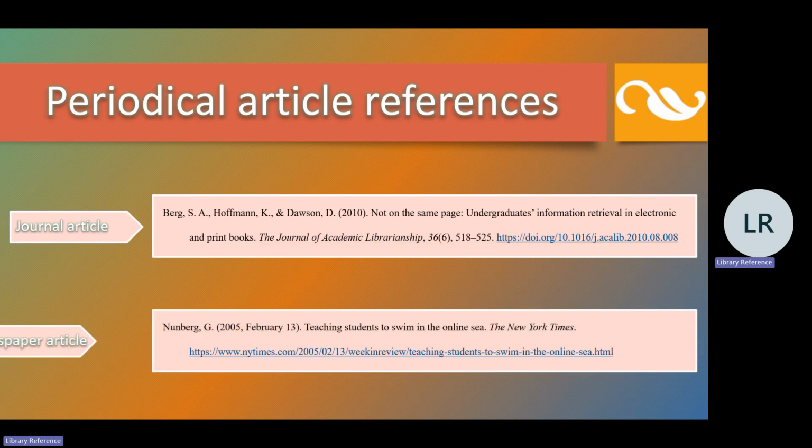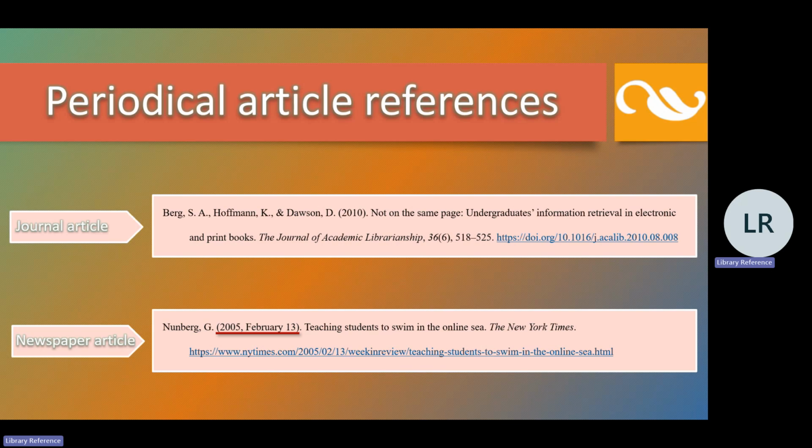The second example I have included here is from another type of periodical, a newspaper article. Again, here we start with the author, in this case, Nunberg, G. Then we continue with the publication date, which comprises a full date, the year 2005, the month February, and the day 13.